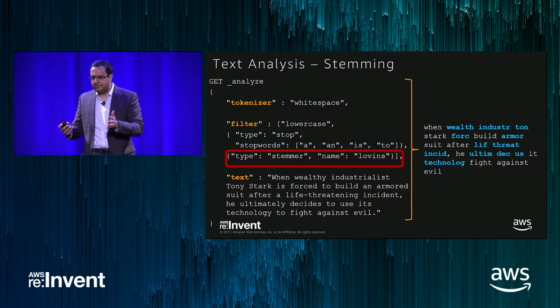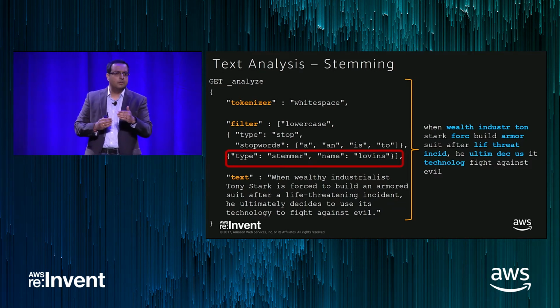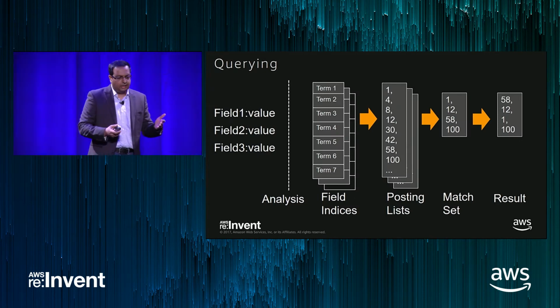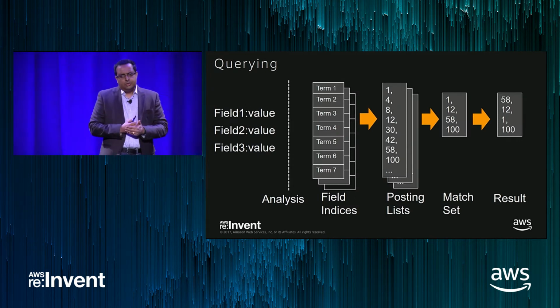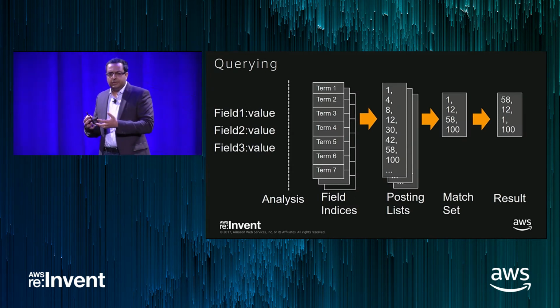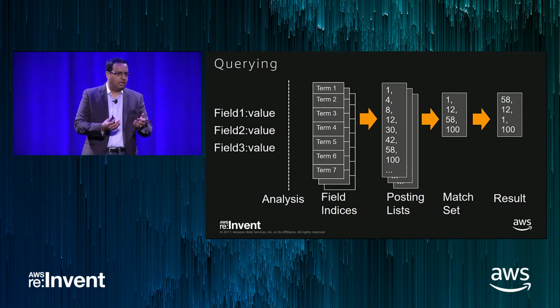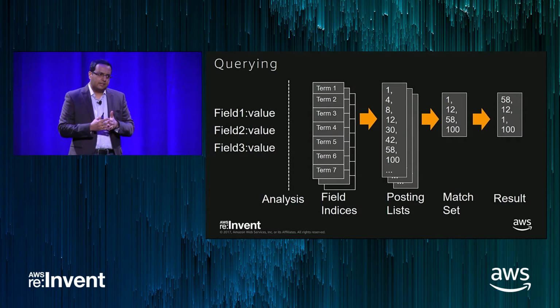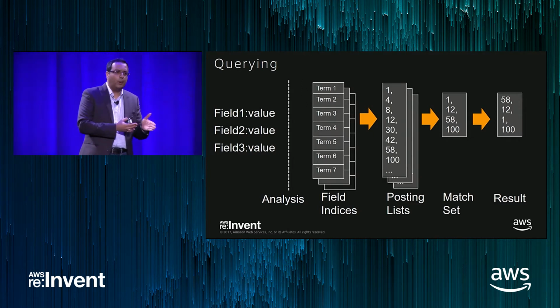Now let's say we have analyzed it, it's separated into terms, it's in its normalized form. Now let's go into querying. When you actually start querying, you're specifying terms that you want to match against. So what Elasticsearch does is it first analyzes your query.